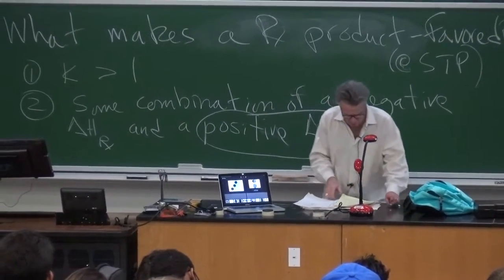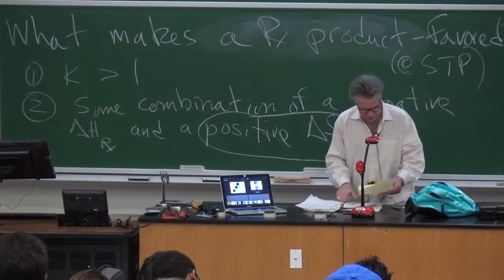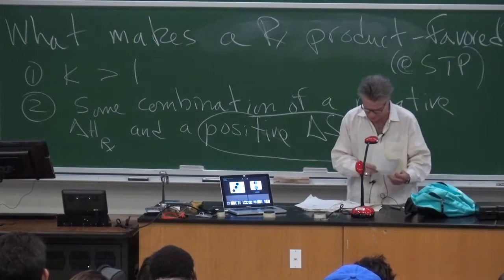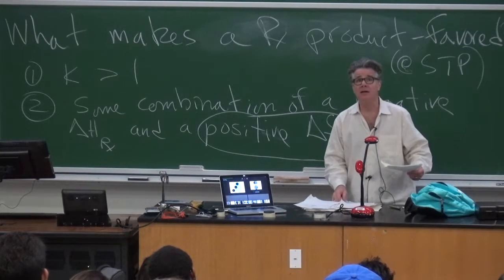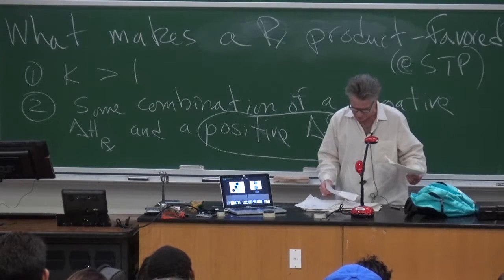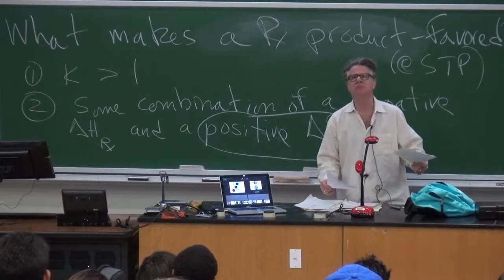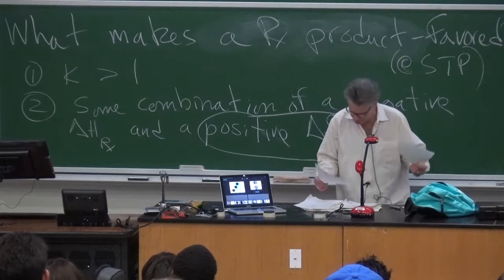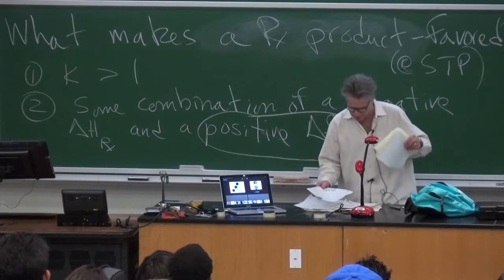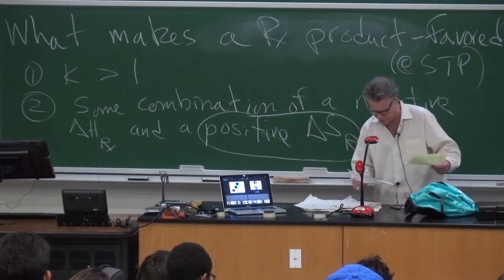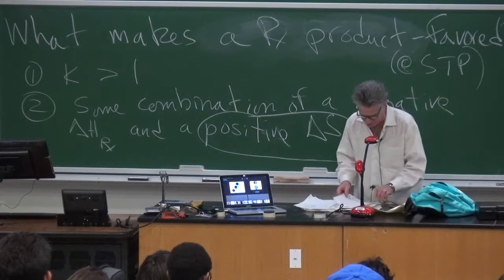Now, I want to work a problem. There will be a problem like this on the exam. Might even be on quiz 3. I don't remember now. But this is what I call the nuts and bolts problem that helps you see.